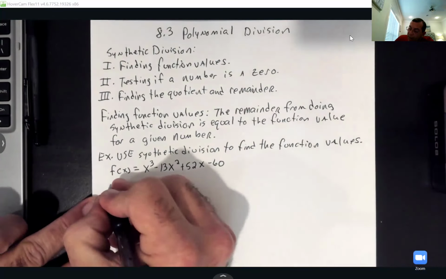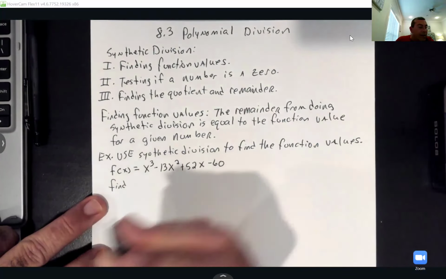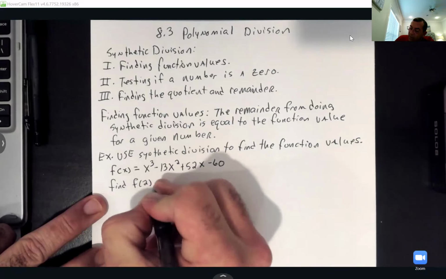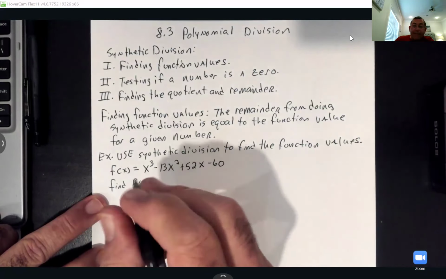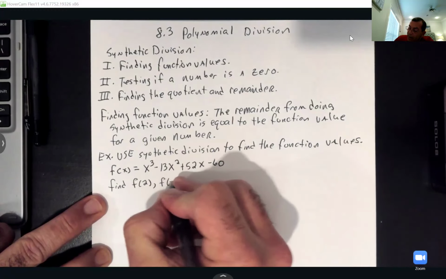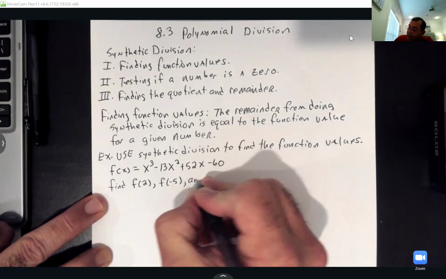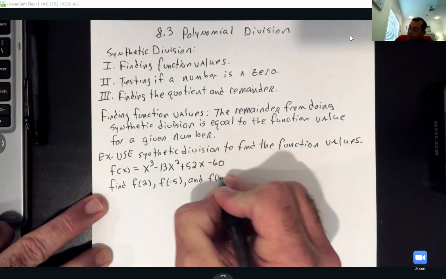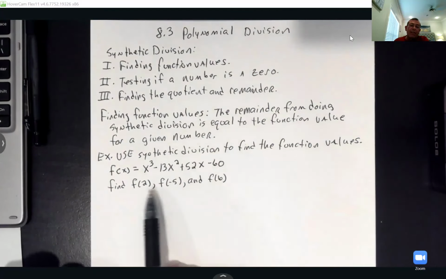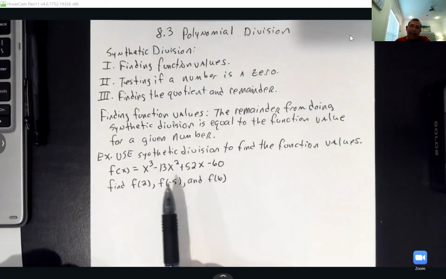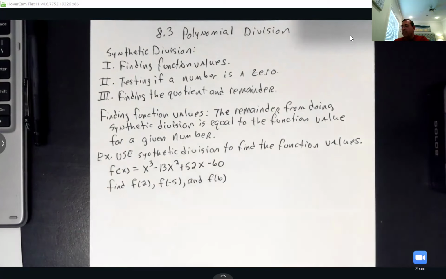Now, for this problem, they want me to find f of 2, f of negative 5, and f of 6. Which means I'm going to do my synthetic division 3 times. First, I'll start with the 2, get that function value, then the negative 5, then the 6.